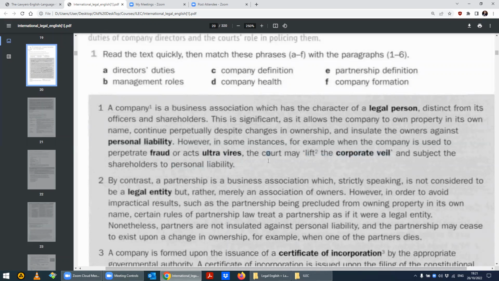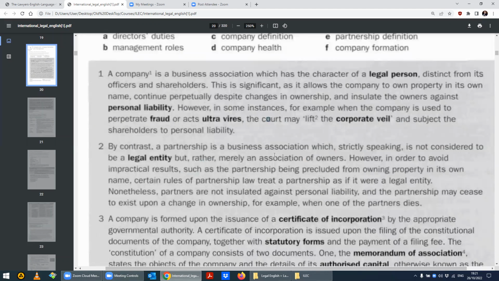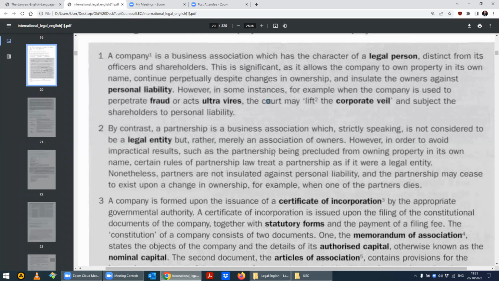Right. Now, I'm not going to go through the whole thing in this detail, but I just want to deal with a few words. Legal entity, well, that just means a legal person, not a human being, but a thing, a company, a charity, a government. A properly registered business is an entity. Now, there's a huge difference between a company and a partnership.